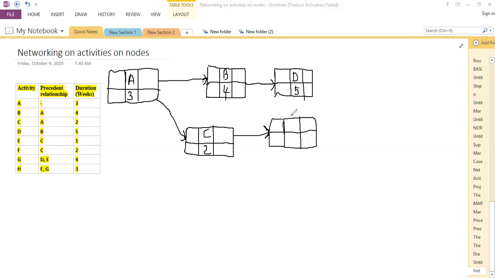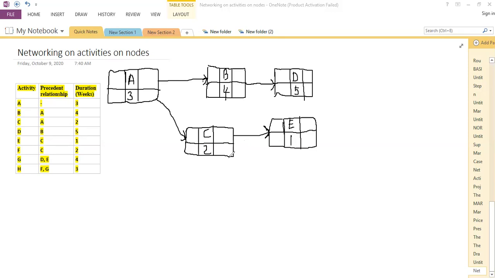And when you're networking, like in an exercise maybe given, use a pencil. For me, I can always do the adjustments on my board, but for you, you might draw and then realize here that you're drawing 20 times. So activity E has 1 week.